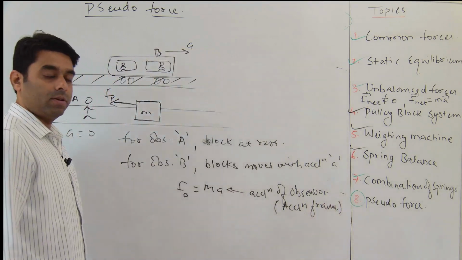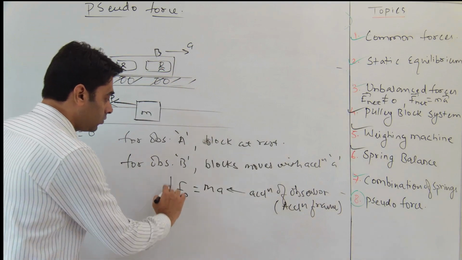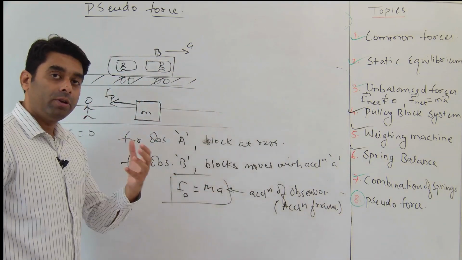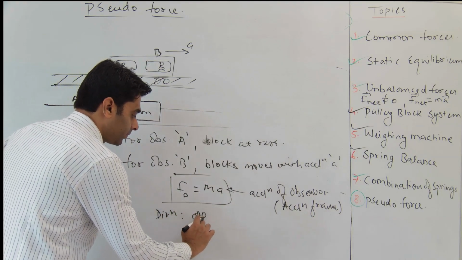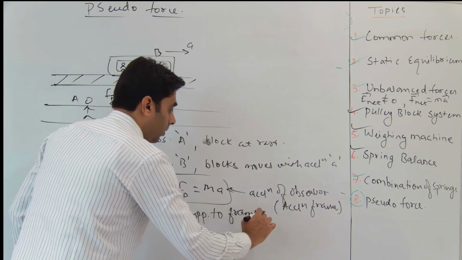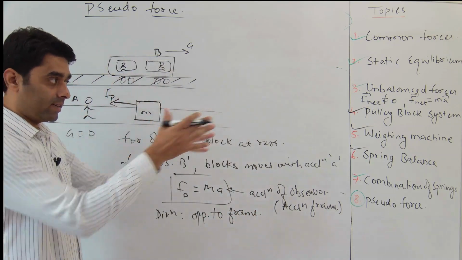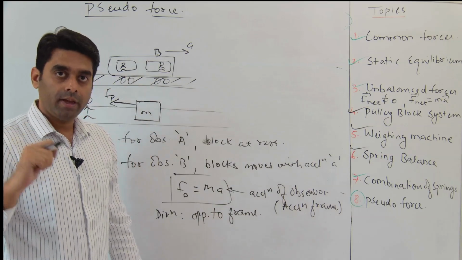This is your pseudo force magnitude. If we talk about direction, it is opposite to the acceleration of the accelerated frame. If acceleration is forward, your force will be in backward direction.